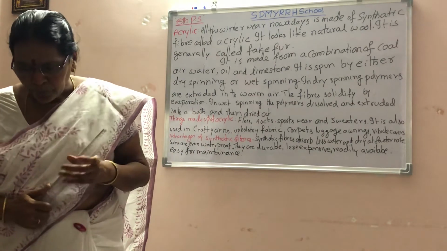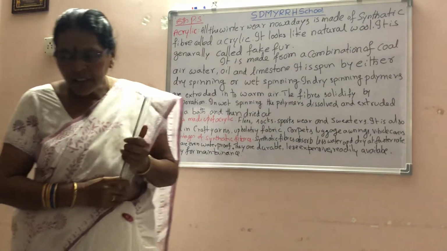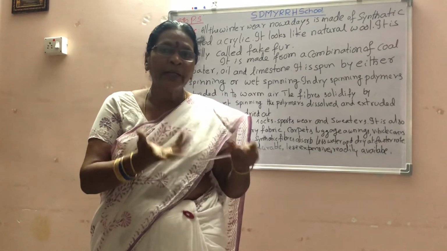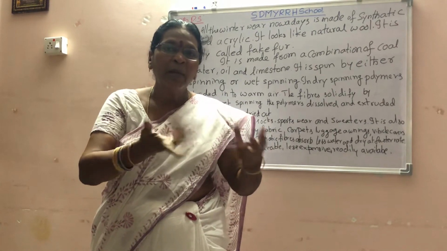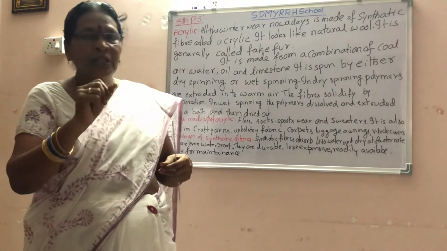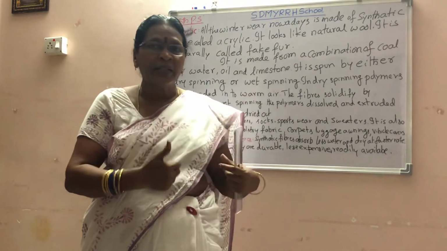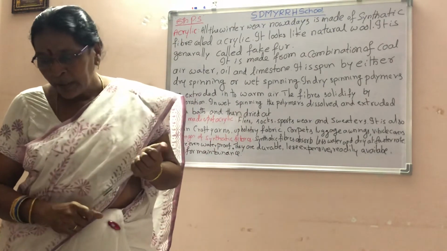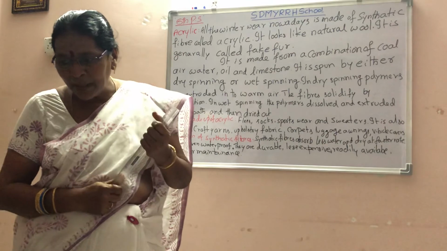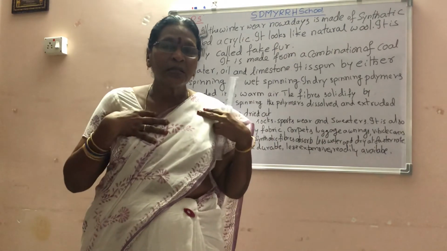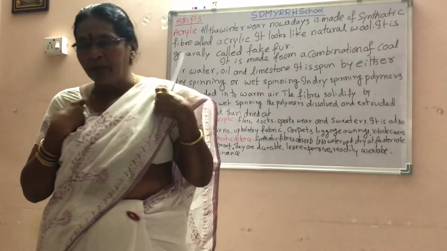These synthetic fibers melt on heating. By overheating, the fiber melts. Because of this, we cannot wear it near heat. Next, if synthetic fibers catch fire, they stick to our skin.